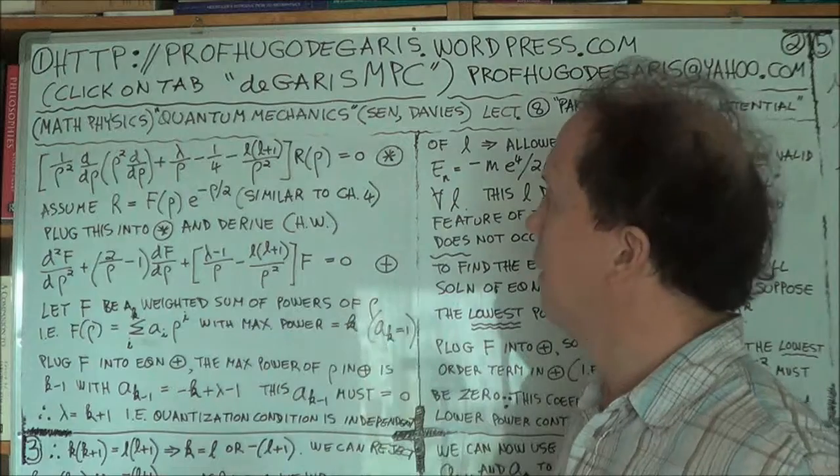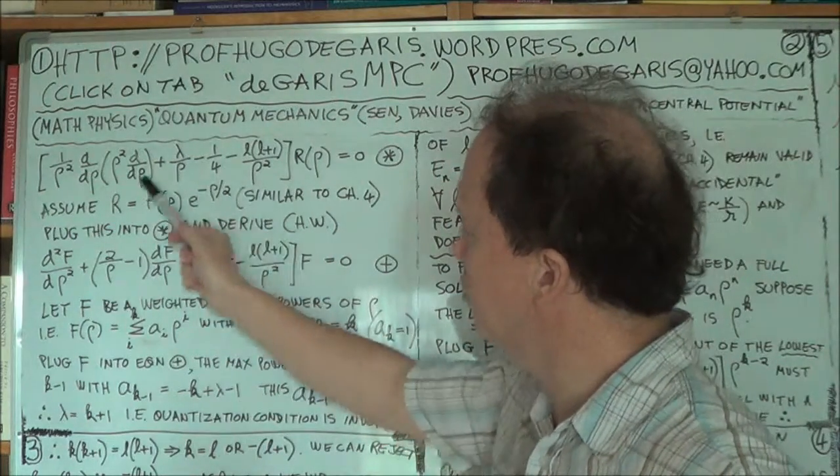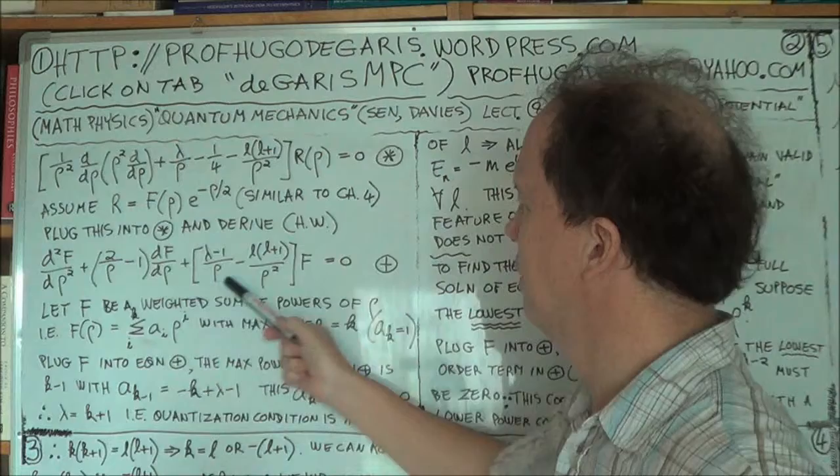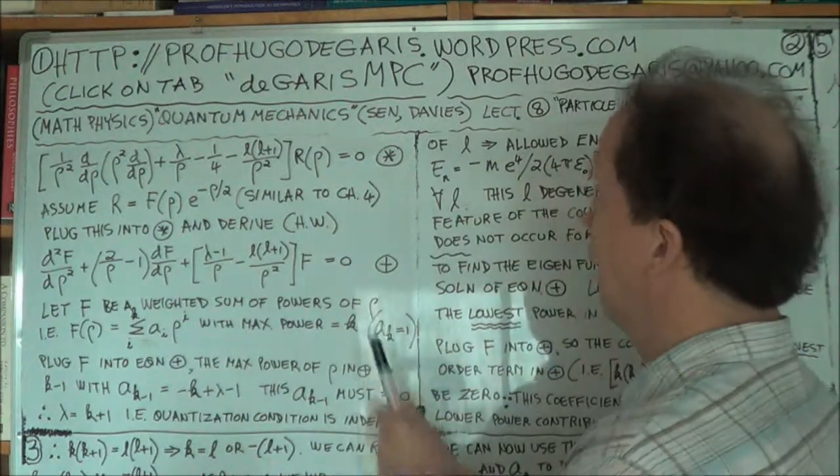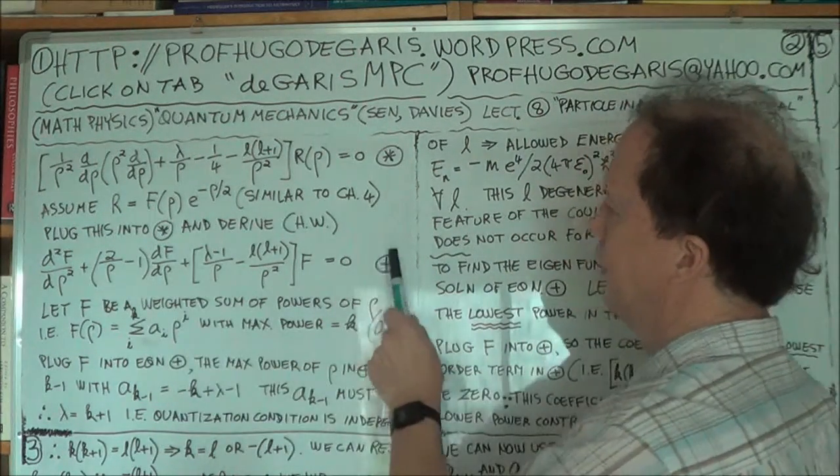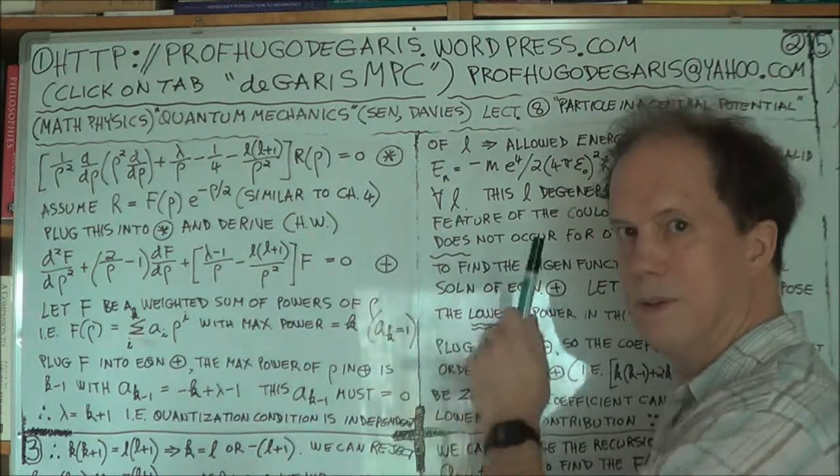So from this, assuming this, get this. And I've labelled this formula here plus circle.